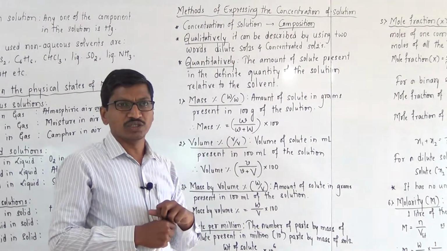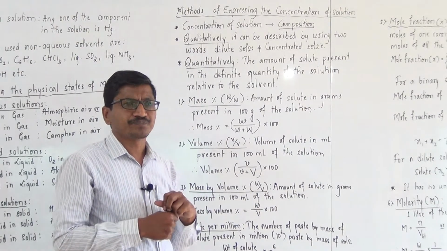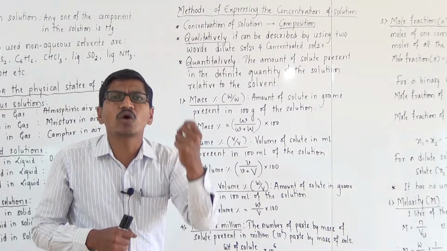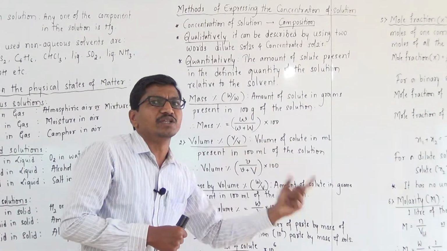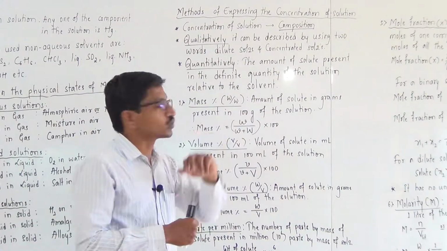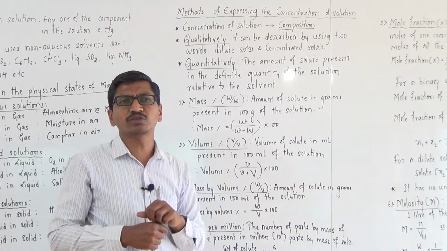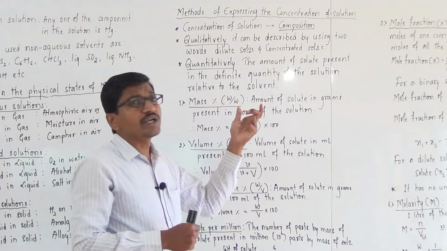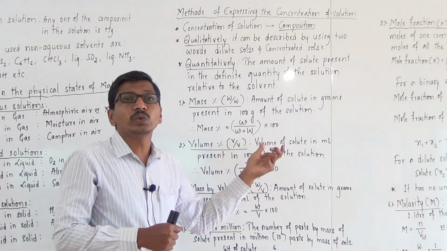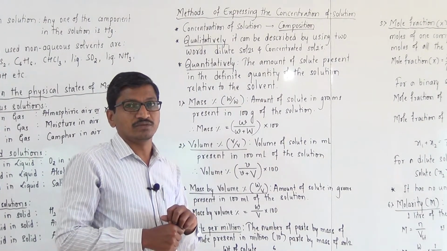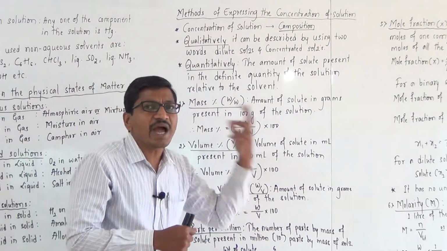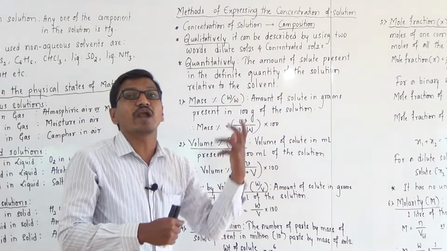Dilute solution means the solution in which a very small quantity of solute is present, and concentrated solution means the solution in which a large quantity or excess of solute is present. However, this kind of description leads to confusion.